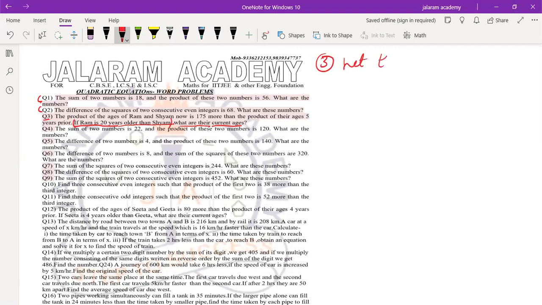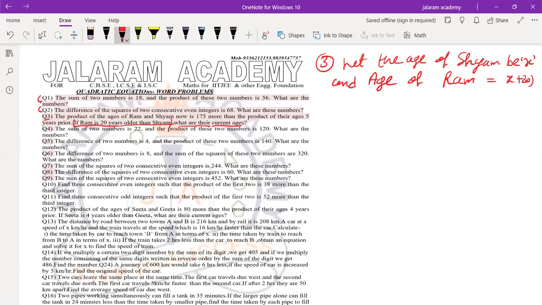Let the age of the younger one, Syam, be X, and Ram is 20 years older than Syam. Age of Ram equals X plus 20 years.